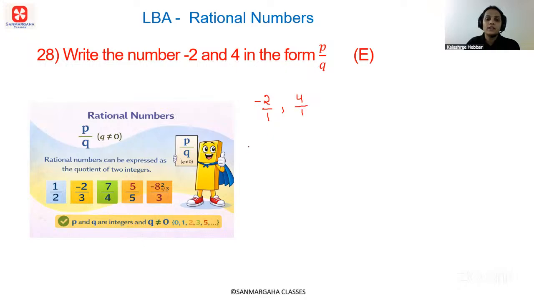So what you can write here is minus 4 divided by 2 and 8 by 2.